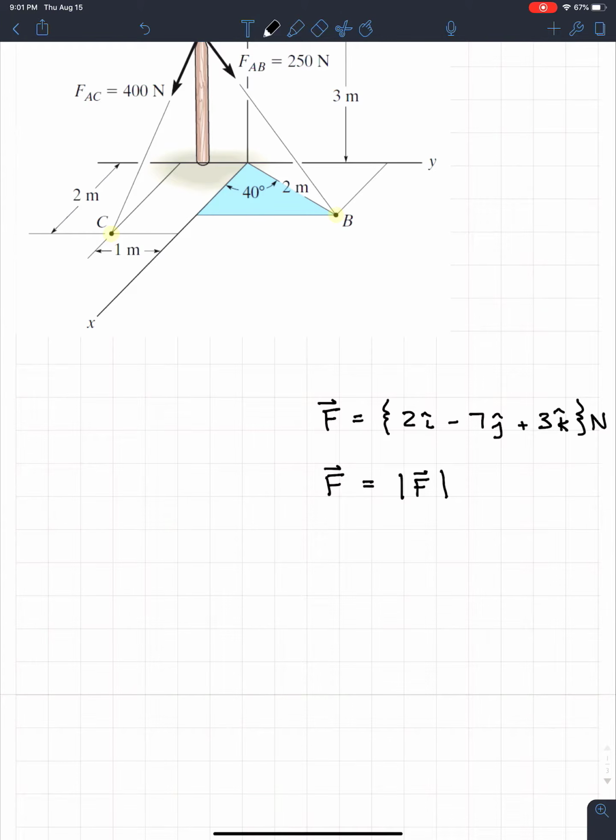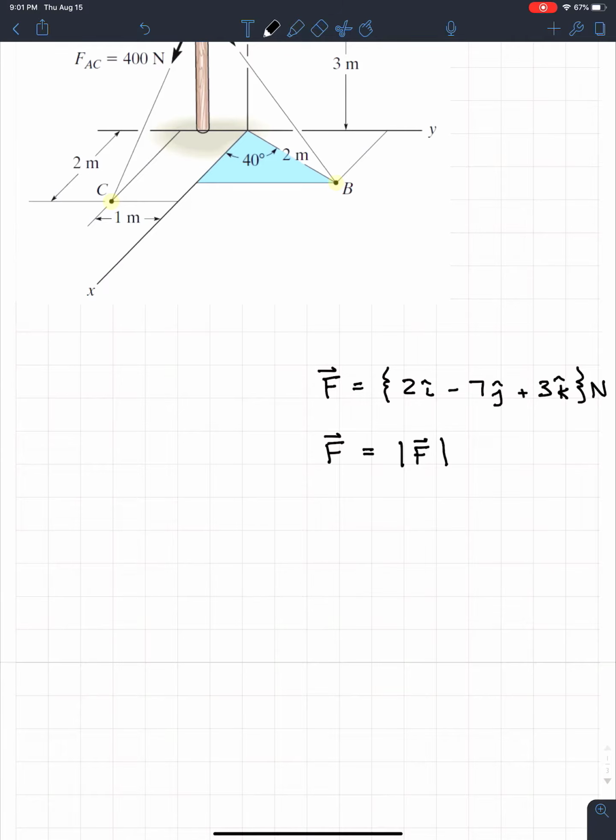It'll have units. And then, of course, there's also a direction associated with this, which we're going to put as u. And that u right there is a unit vector. So what this unit vector is, it's the direction of our force vector. It's not the magnitude, it does not have any units, but it's the direction of the force vector.